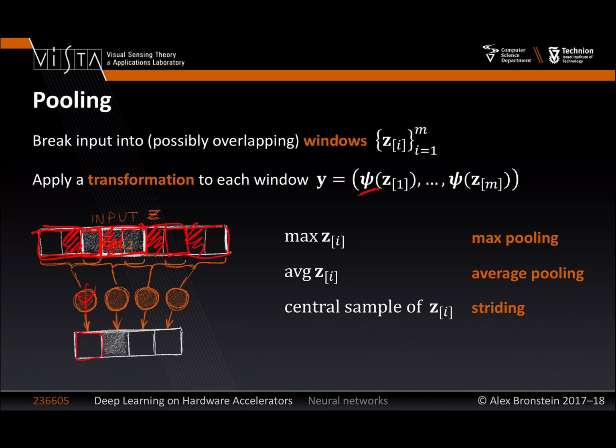A nonlinear function can be an element-wise nonlinearity, and then one of these pooling operations. So after the activation. Yes, after the activation function. Okay. Any other questions? And typically pooling is less and less used in modern practice, but striding, basically subsampling the output, is very much practical and used all the time.